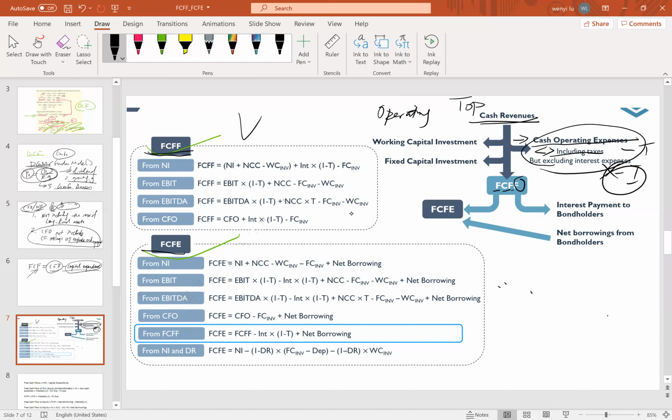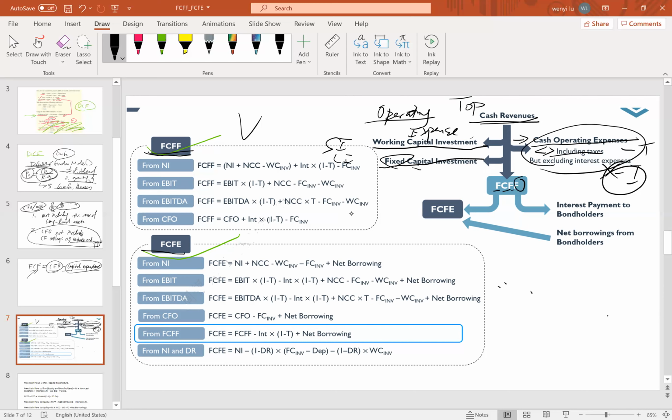Operation expense can be short term and long term. The short term is the working capital investment. Working capital investment is the short-term investment. And long-term investment is the fixed capital investment, for fixed assets.